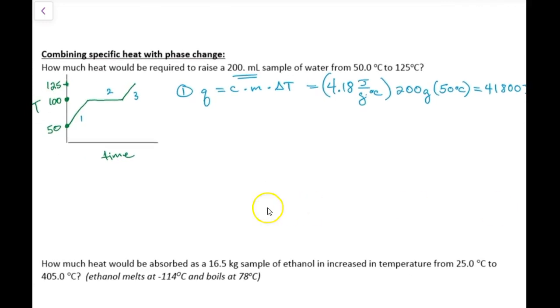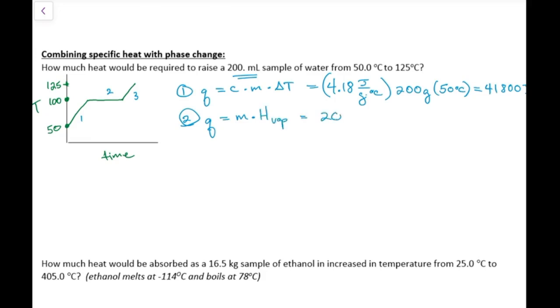And then the next step, step 2, we have a phase change. So the only question is, is this vaporization or is this fusion? Okay. Well, if we're at the boiling point, whether we're going up or going down, in this case we're going up, but if we're at the boiling point, it's vaporization. So my equation number 2 is going to be Q equals mass times heat of vaporization.